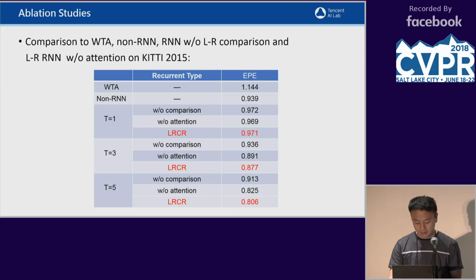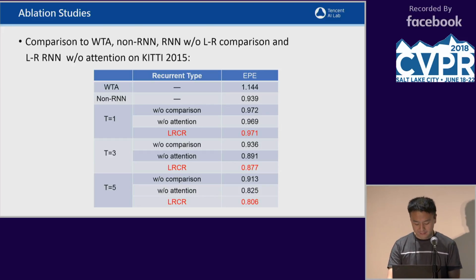We compare our model to a winner-takes-all strategy, the non-recurrent version, which uses a feed-forward disparity network to predict the disparity, the recurrent one without left-right comparison, which means it refines the disparity with only a single view result, and the left-right comparative recurrent version without attention mechanism, which means it directly gets the difference of the disparity of two views and uses this map as the attention guide for the next step refinement.